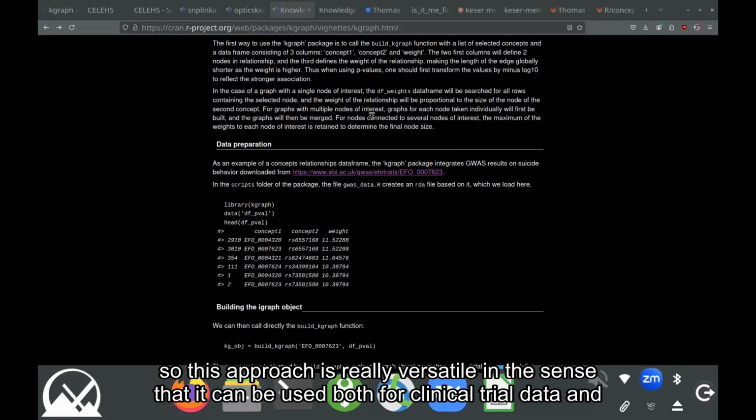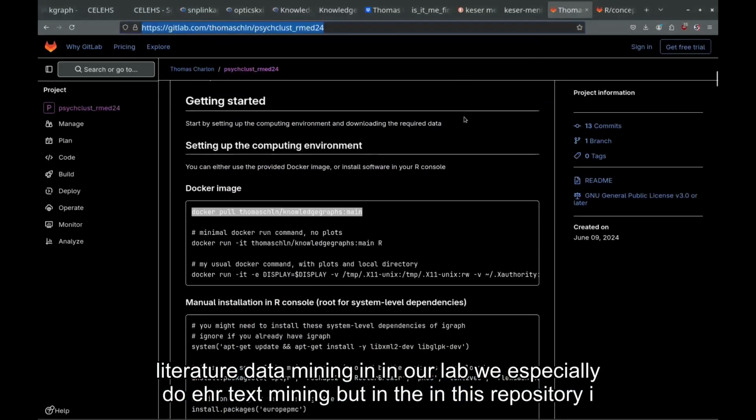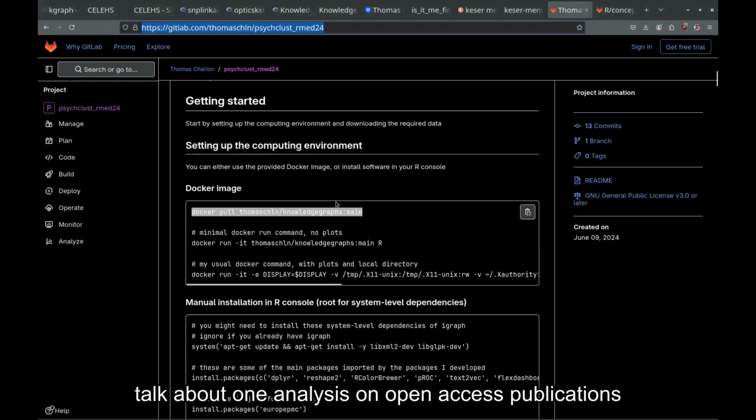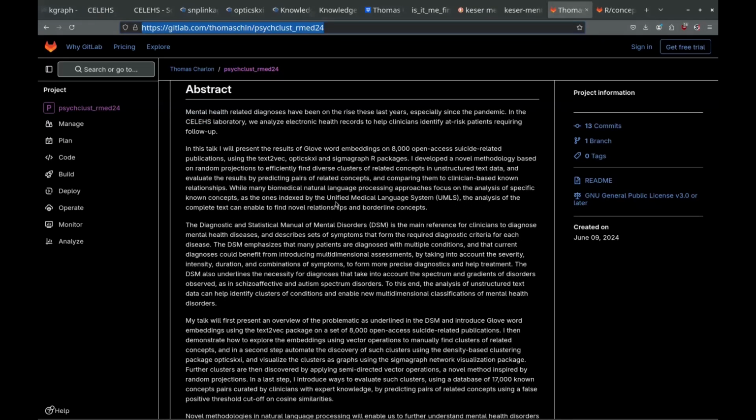So this approach is really versatile in the sense that it can be used both for clinical trial data and literature data mining. In our lab, we especially do EHR text mining, but in this repository, I talk about one analysis on open access publications, which I will come back to in the second part.